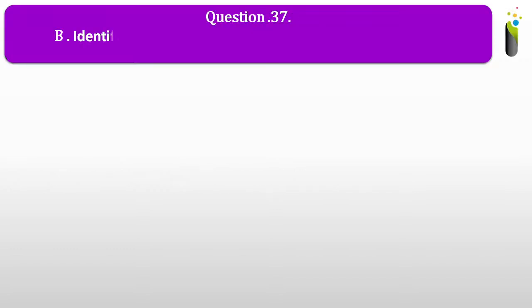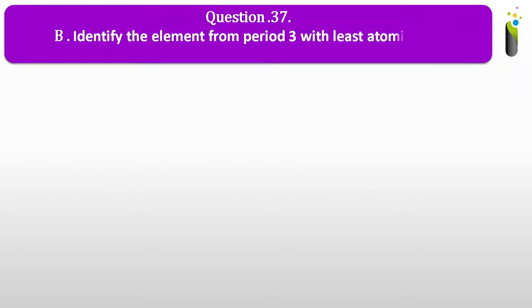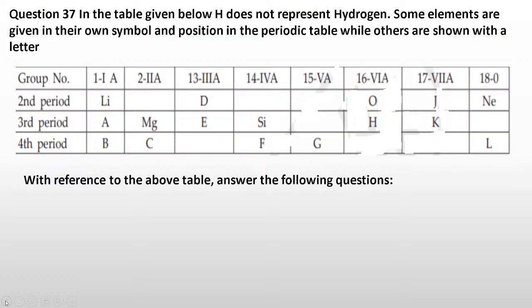The question here is, identify the element from period 3 with least atomic size. I shall show the table once again. You can have a closer look at this, and now answer the question. Look at this table again very properly, quickly. Identify the element from period 3 with the least atomic size.